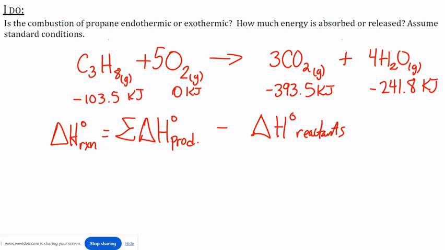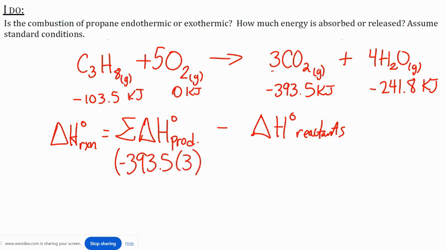Our first product is going to be negative 393.5, but we have to multiply that by how much we have. So we've got to go back and look at the stoichiometry here. I've got 3 moles of that.